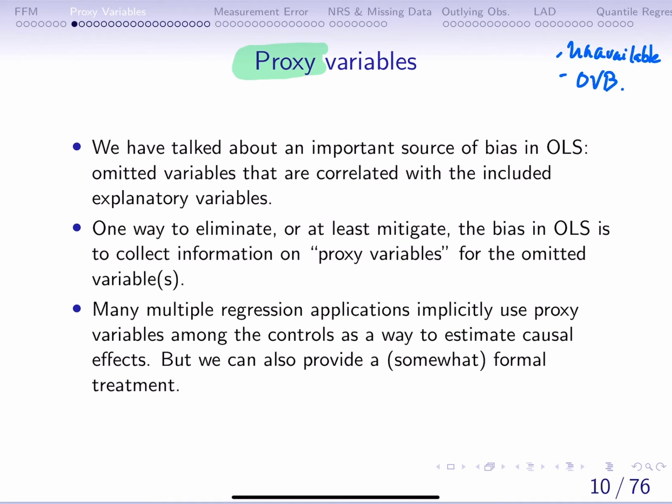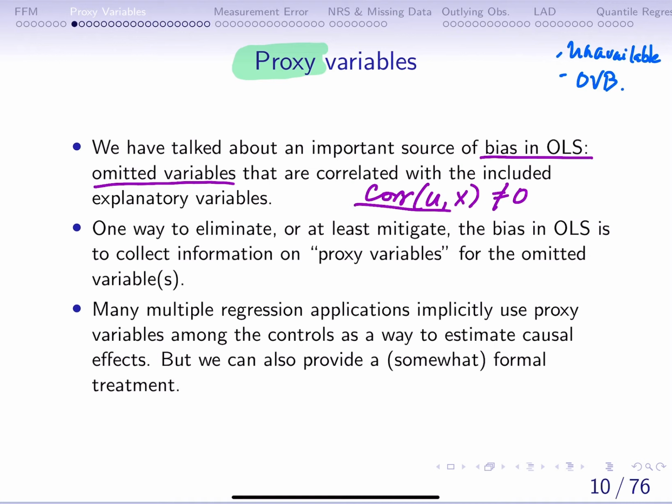So one thing that we've talked about is that the source of bias in OLS is omitted variables, and this occurs because the explanatory variables are correlated with the error term. Okay, so when this occurs, this causes the bias or inconsistency in our OLS estimators.